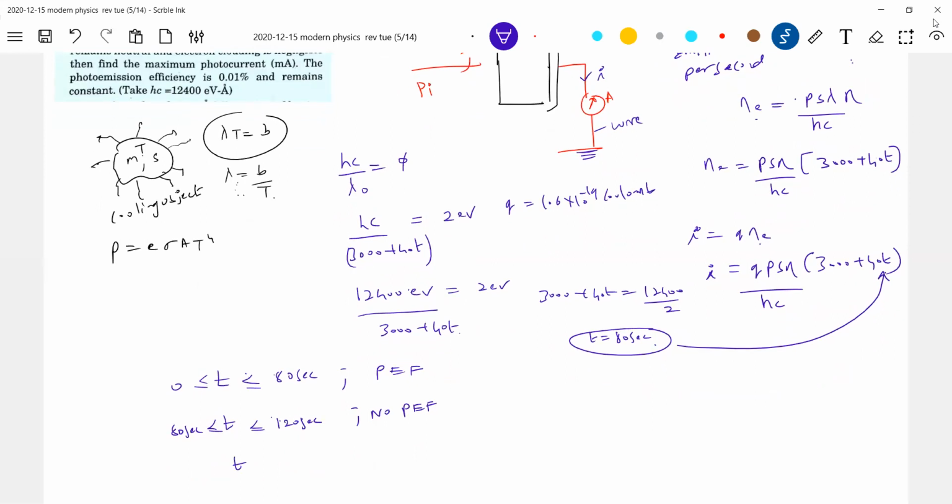Just to be on the safer side, we should have this data. It's there in the DPP, you check this answer later on.